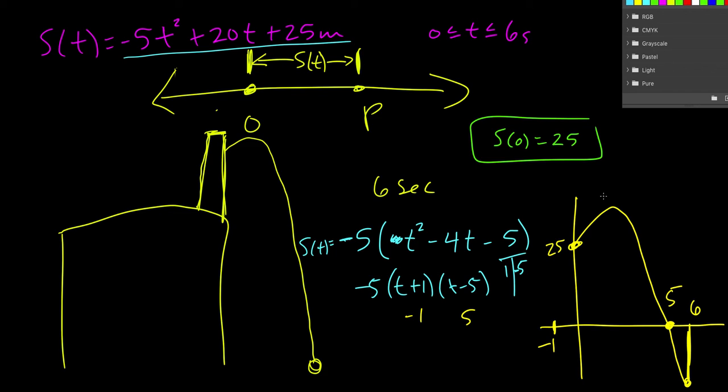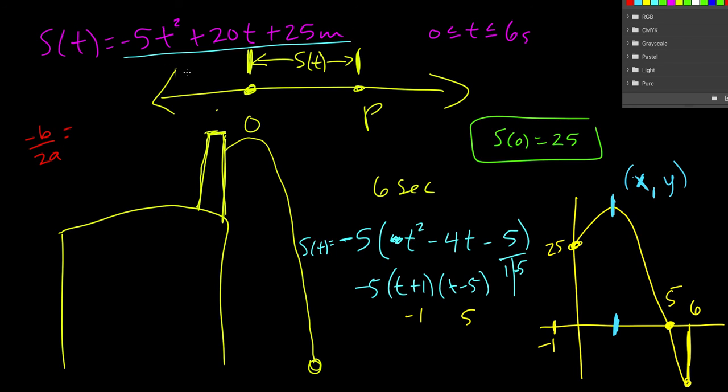Now, part C says at what time and place does the stone change direction? So on the graph it changes direction right here, and so it's asking at what time and what place. So it basically just wants the x comma y value of the vertex. And so what we can do is use our axis of symmetry equation, which is negative b over 2a.